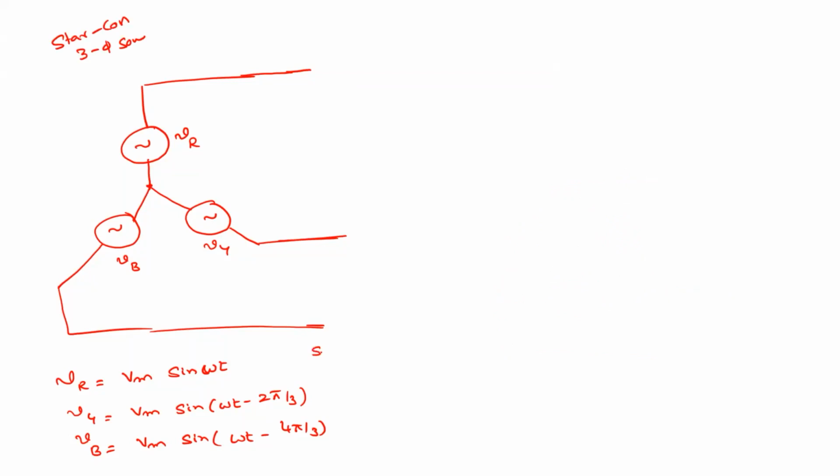So this is the source here, right? And we have some load here. If this is three phase, the load must be three phase, right? The load may be star connected or it may be delta connected.